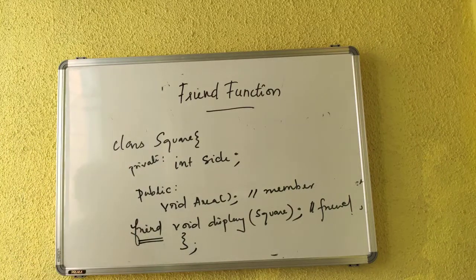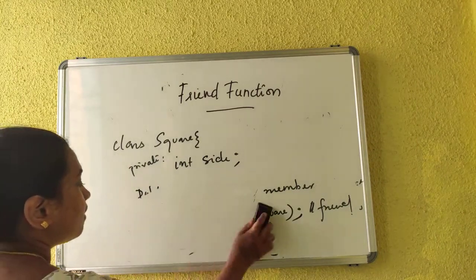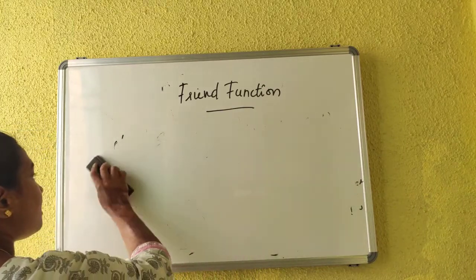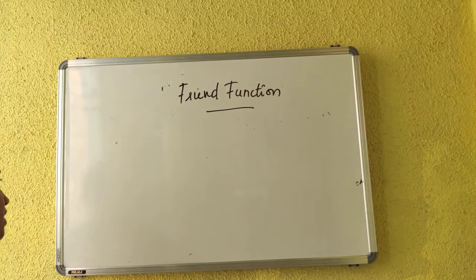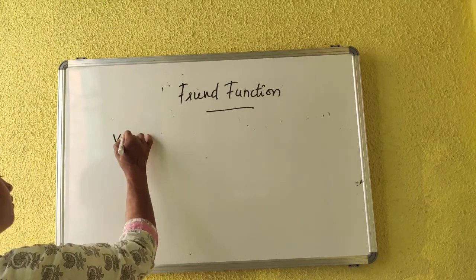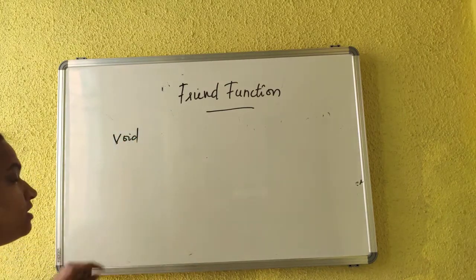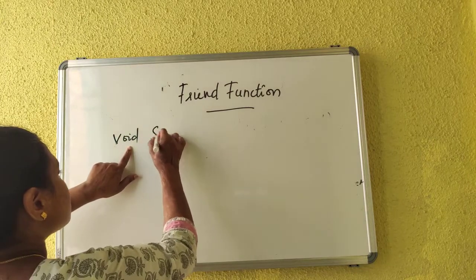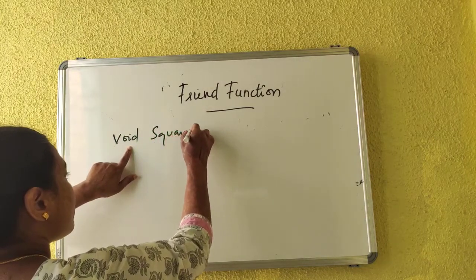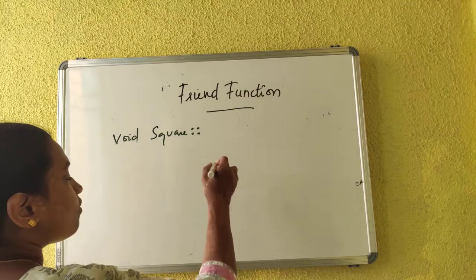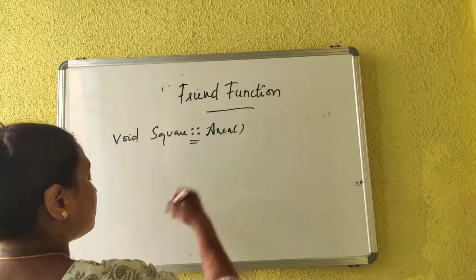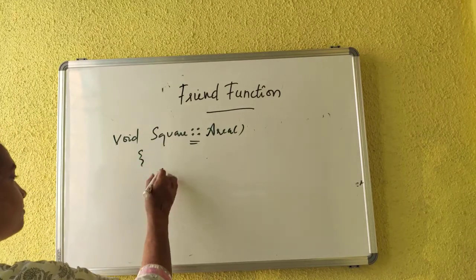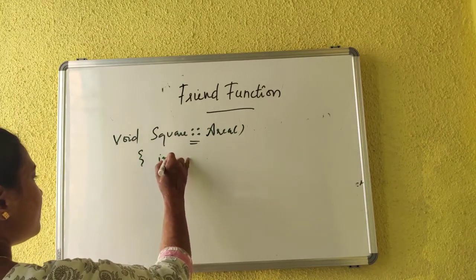Now I'll show you how to define the member function and the friend function outside the class. First I wrote area. Since area belongs to the class called square, I have to write the class name square followed by the scope resolution operator and then the function name area, wherein I'm finding the area.